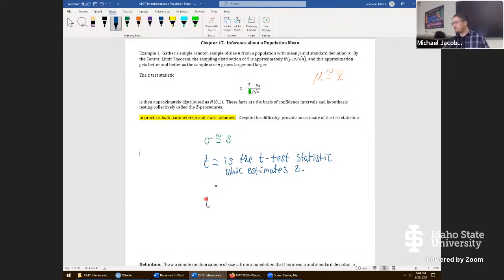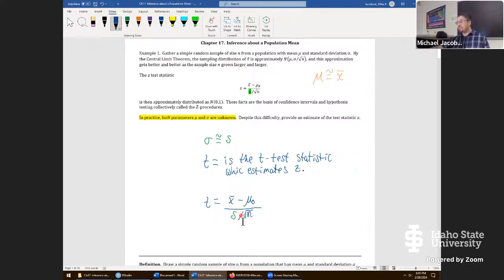The way we calculate it is t equals x bar minus mu naught divided by s. So there's our estimate right there for the value of sigma over the square root of n. So that so far looks like the correction to our problems, but it isn't quite there yet.